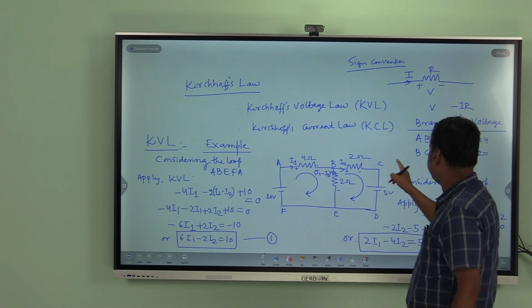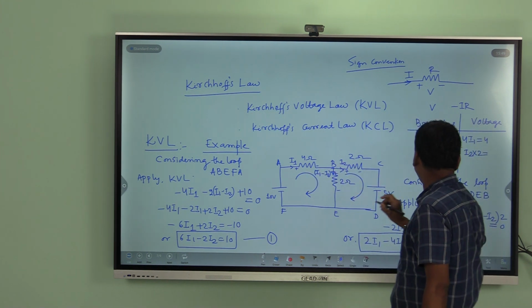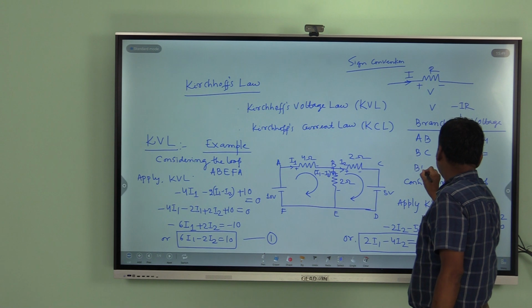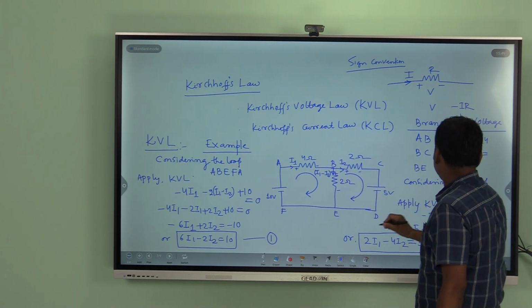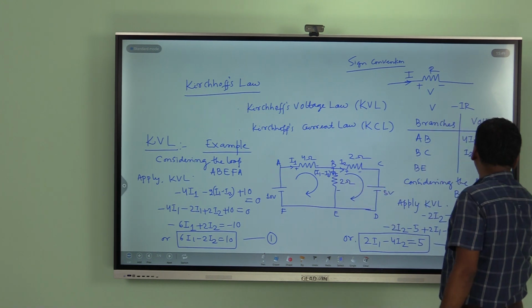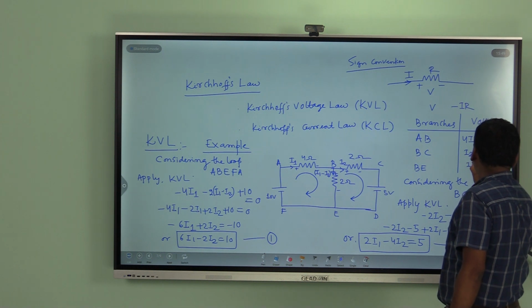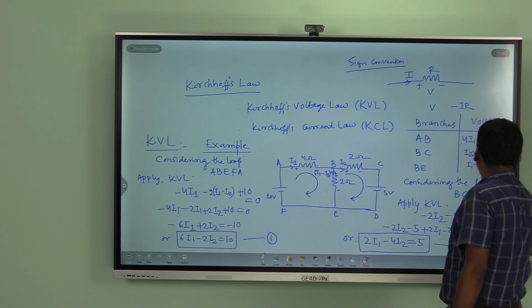Similarly, branch BE, the current is I1 minus I2, and the voltage is I1 minus I2 into 2.